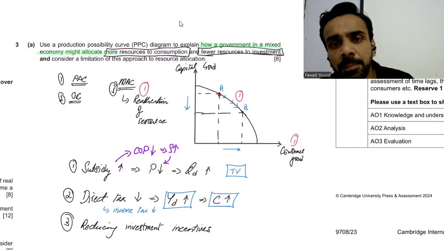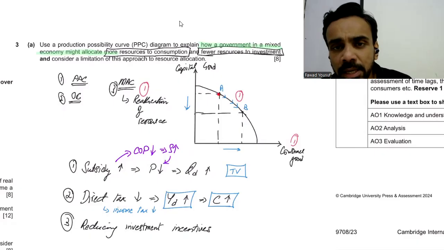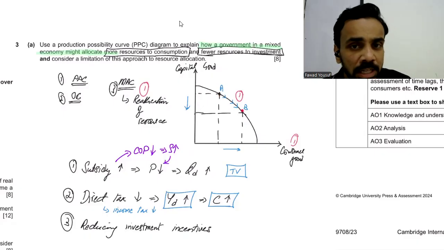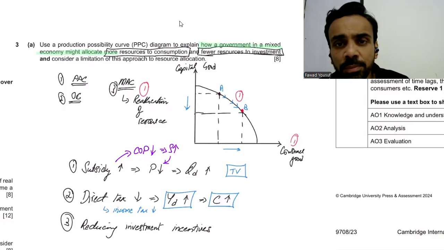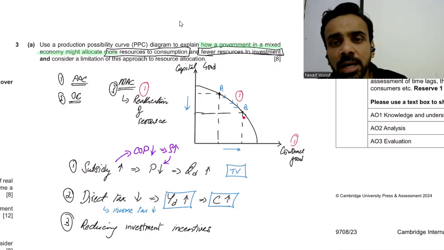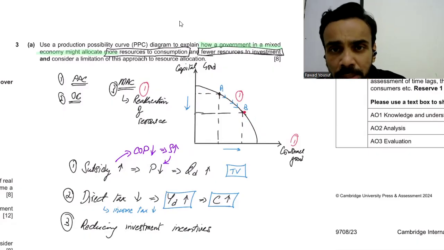But whether point A should be made or point B should be made, the PPC will not tell you what you should make. Okay, that's not the PPC's job. The PPC's job is to tell you what options are available, and then demand and supply in the economy will tell us whether A will be made or B.